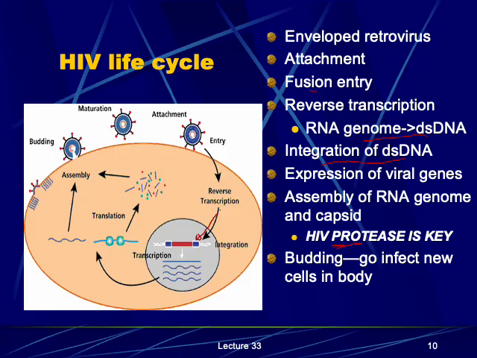When it's transcribed, not only is that RNA going to be translated into viral proteins, but sometimes when it isn't translated, it is actually genome, and it'll go part of assembly and come together with the viral proteins. And like I said, real important, HIV protease is in there, reverse transcriptase is in there, integrase is in there, all those are in there.